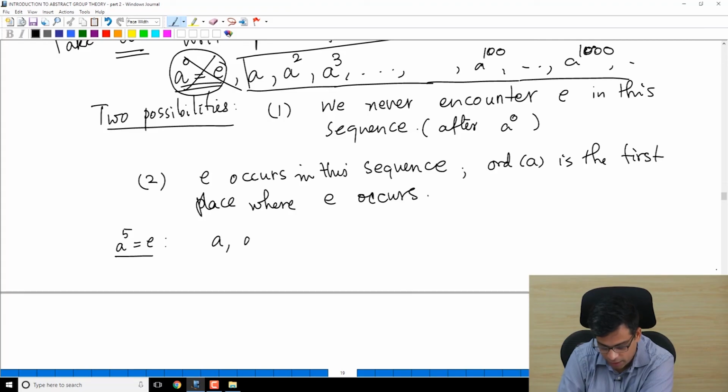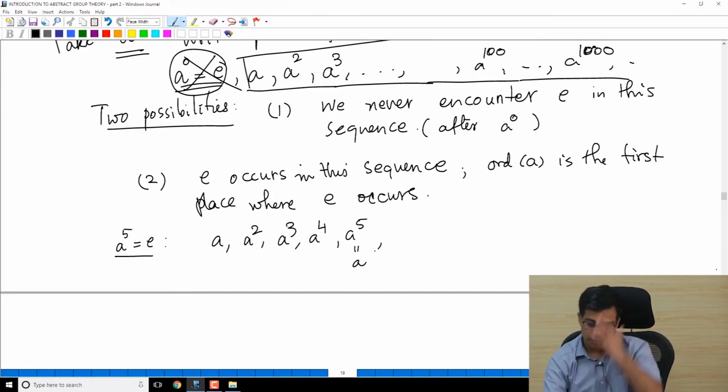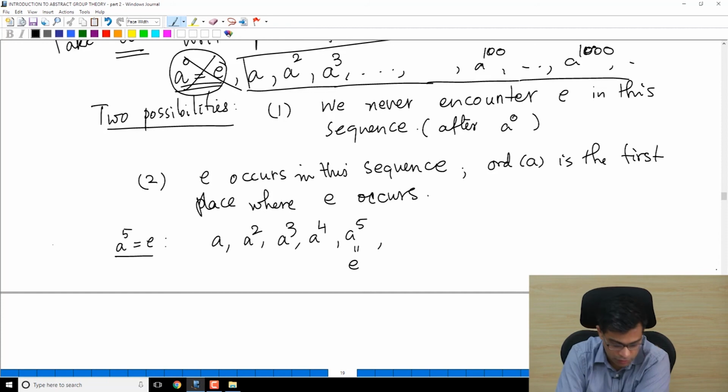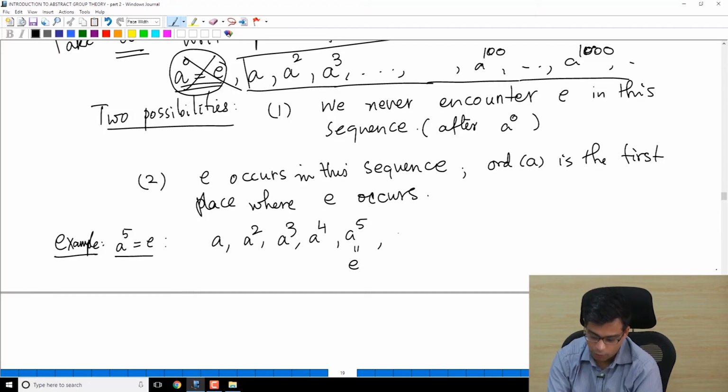So the sequence is A, A squared, A cubed, A power 4, A power 5, which is E, as I said. So, for example, what is A power 6? This is just A power 5 times A. So this is just A. So the sixth element is again A.